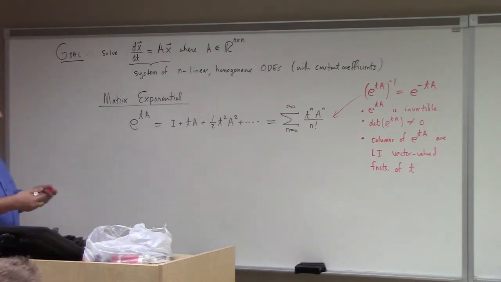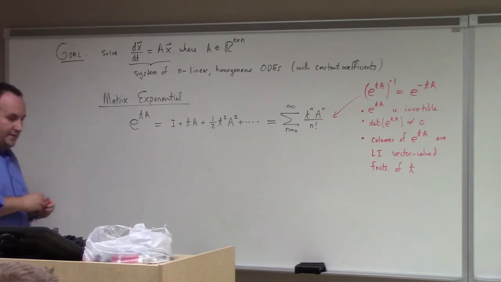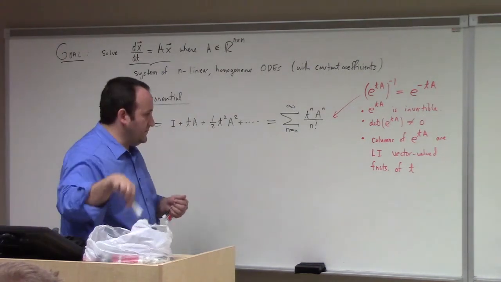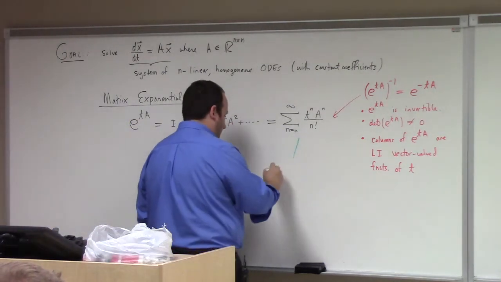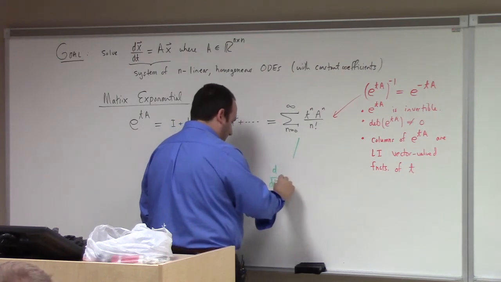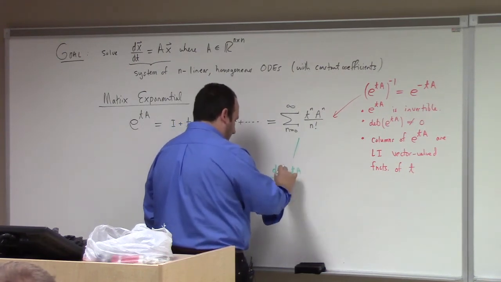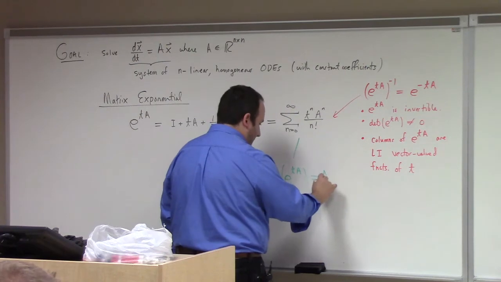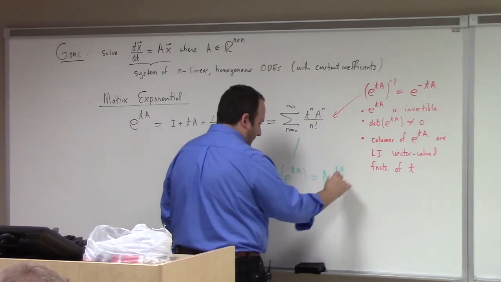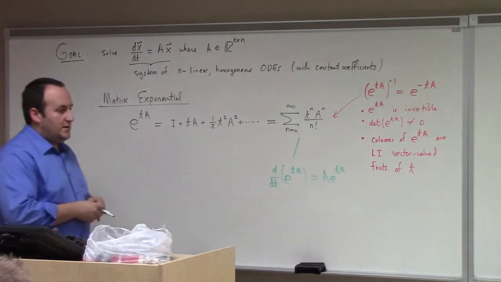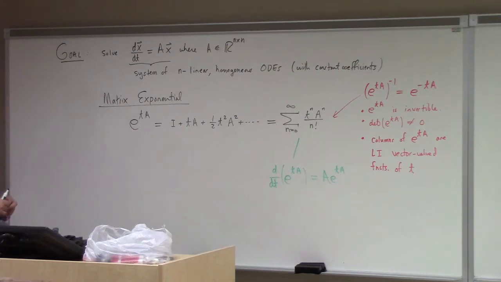They're the right kind of thing to be solutions to the differential equation we're looking at. And then the other thing we showed was that d/dt of e^(tA) is equal to A e^(tA). So this means that e^(tA) is a so-called solution matrix.